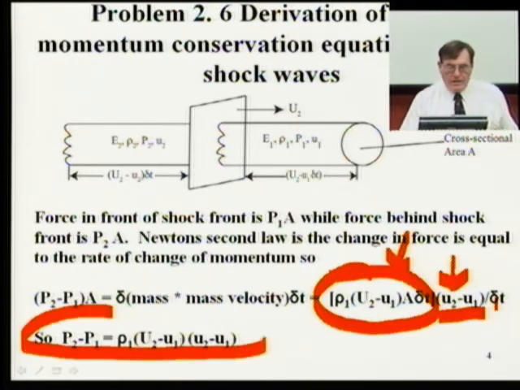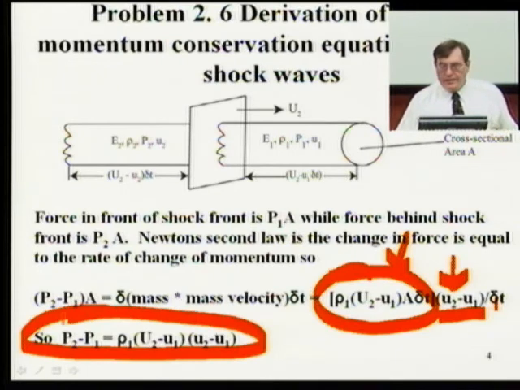So you can just write down, cross out the common terms, the delta T and the A, and the pressure across that shock front, the difference in pressure from the state ahead of it, P2 minus P1, is equal to rho 1, which is the initial state ahead of it, the density ahead of it, times capital U2 minus little u1 times the delta of the particle velocities, little u2 minus u1. So that's the conservation of momentum, just using Newton's law.